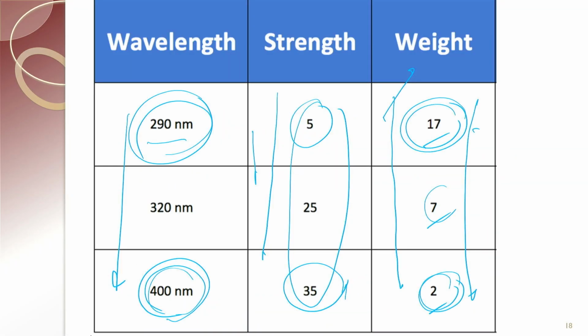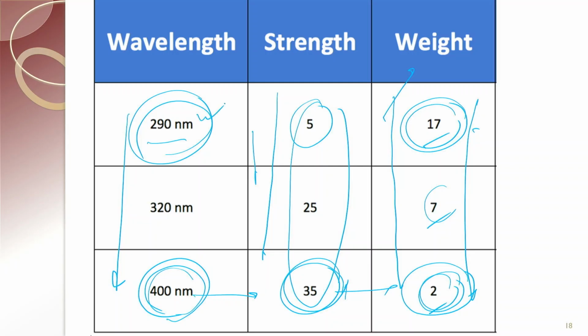You can see here at 400 nanometer the strength is 35, but its weight is much less. If you multiply, the overall effect will be say 70.